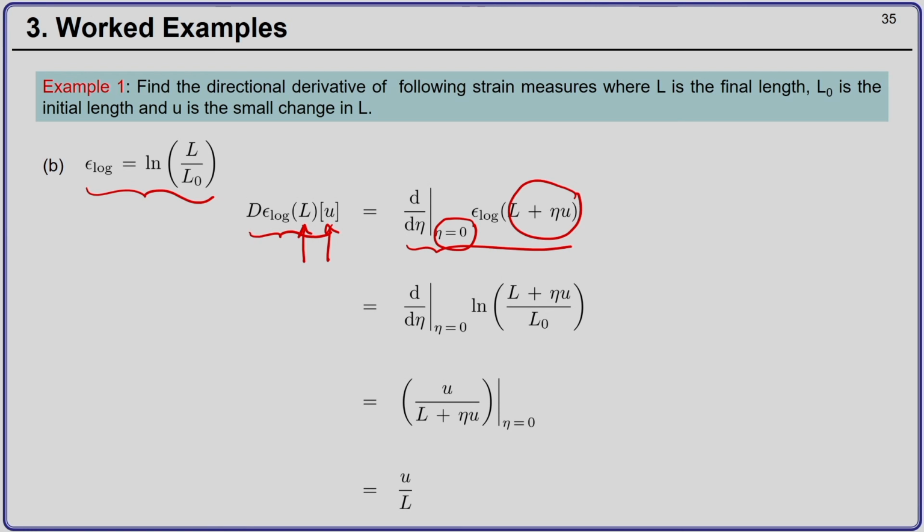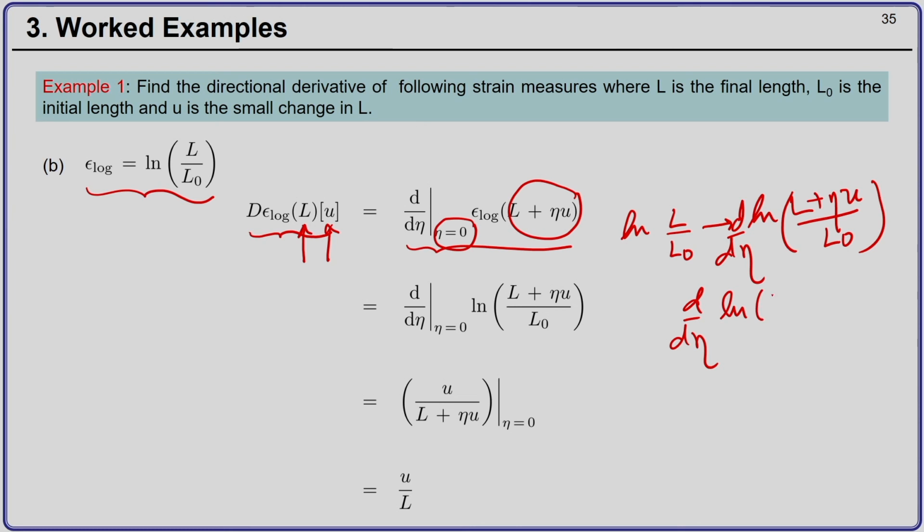Now, in our definition of logarithmic strain, which is log of L by L 0, we will substitute L equal to L plus eta u, divided by L 0, and then we have to take the derivative with respect to eta. So, this is nothing but d by d eta of ln of L plus eta u minus ln L 0.